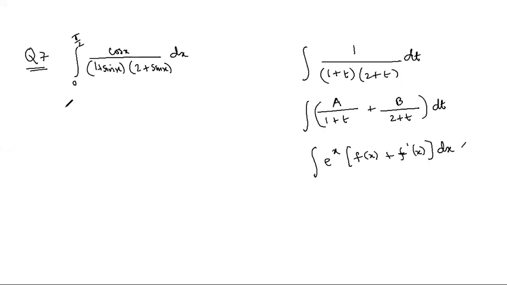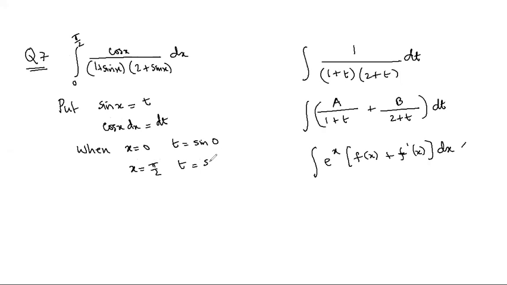So what I'm going to do here is put sin x as t. Then cos x dx equals dt. When x is equal to 0, t is sin 0. When x is pi by 2, t is sin pi by 2.